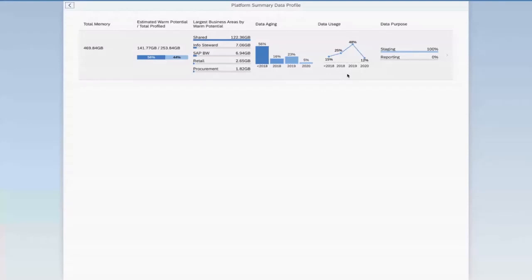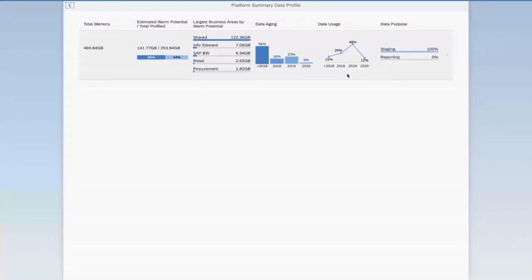The vast majority, 25% is in 2018 data, 48% for the more recent 2019, and then maybe only 12% for 2020, because people are looking at the last full year. Again, this is just demo data, but you get the point, right? That's the message I'm trying to share.